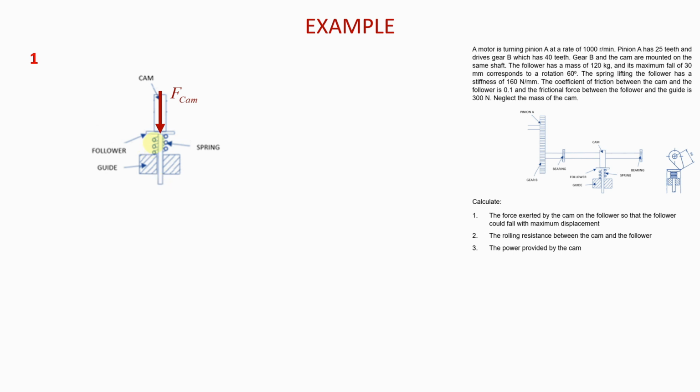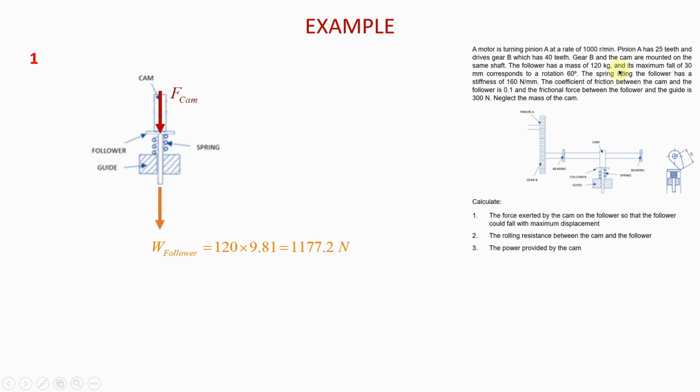I said the follower is this T-shaped thing that you see here, so its weight will be a force pointing down, and we can calculate it directly because we know the mass. The weight of the follower will be equal to its mass multiplied by the acceleration of gravity. If you do that, what you get for the weight of the follower is 1,177.2 newtons.